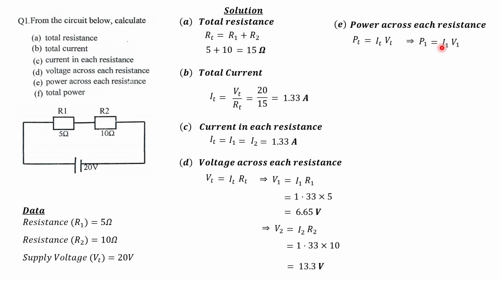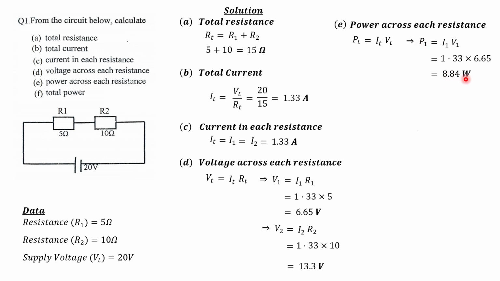That is the current flowing through resistance R1 times the voltage across resistance R1, which gives you the power across resistance R1. I hope you understand. So this is equal to 1.33 times 6.65, which gives us 8.84 watts. So the power across resistance R1, that is P1, is 8.84 watts.